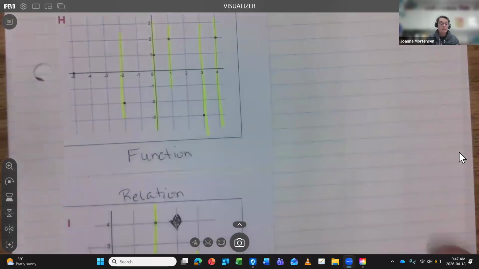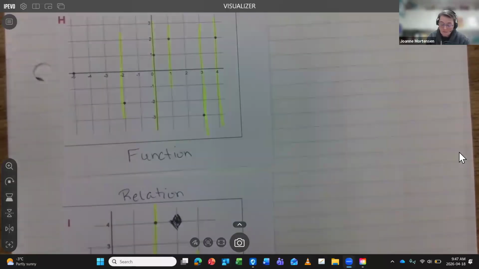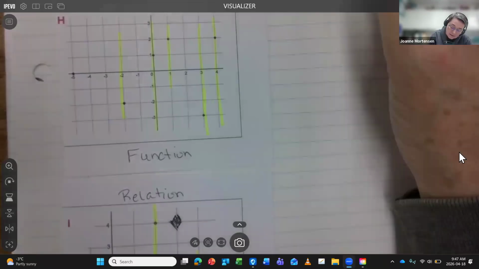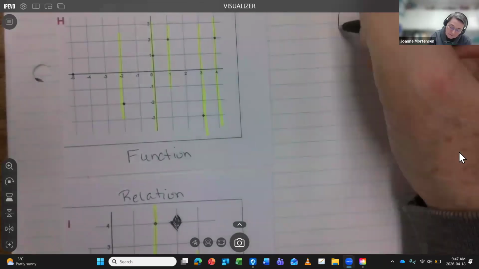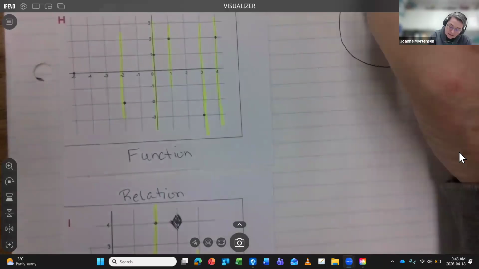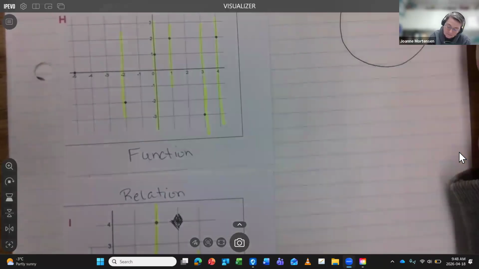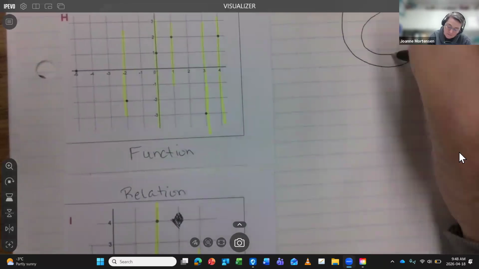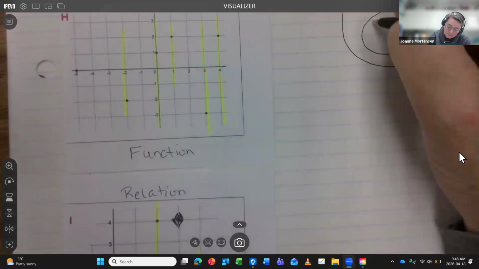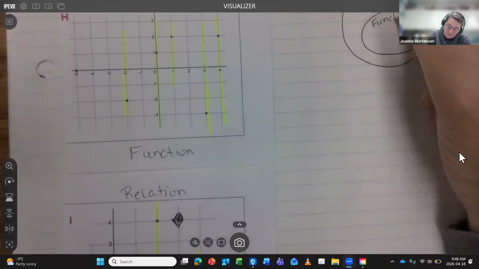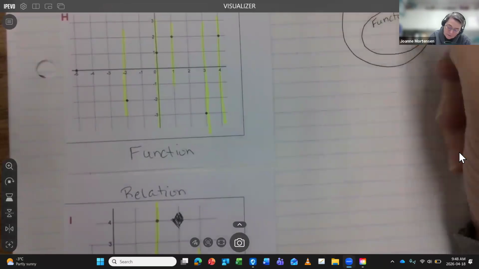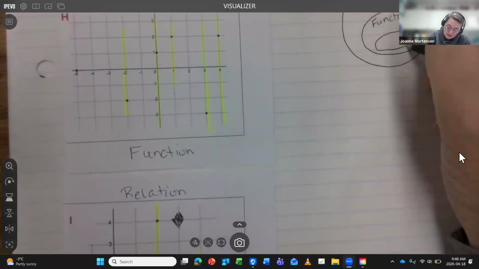Now, our problem is, well, it's not a problem, but here's the deal. Here's my Venn diagram. Functions. I didn't draw this before, but I'm drawing it now. 1-to-1.